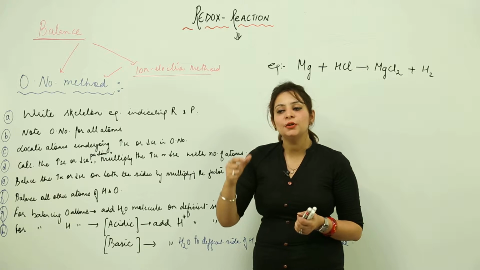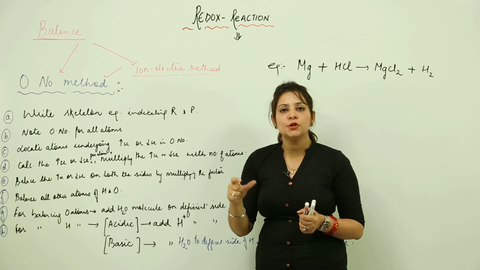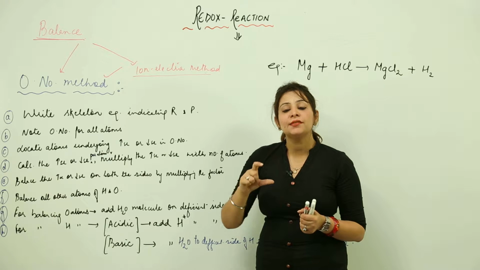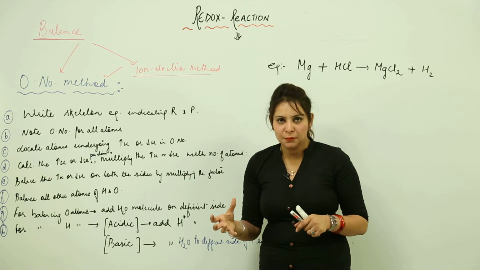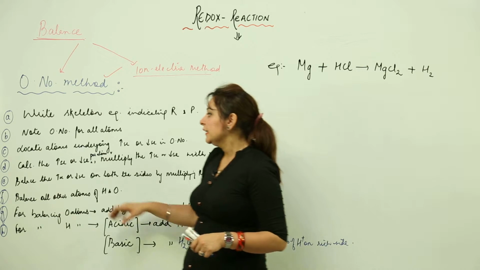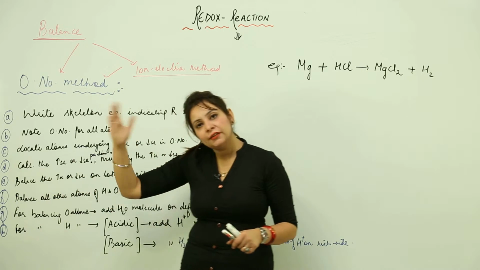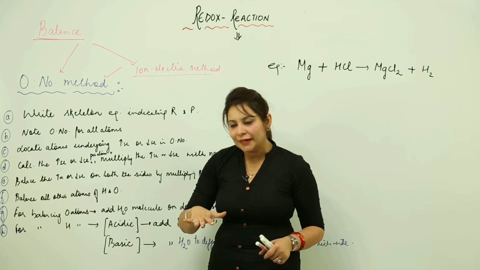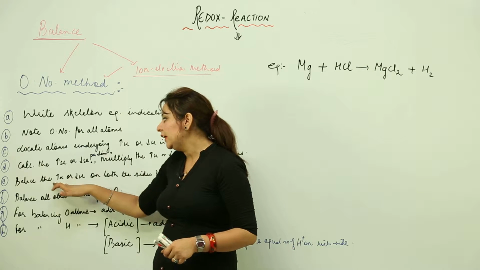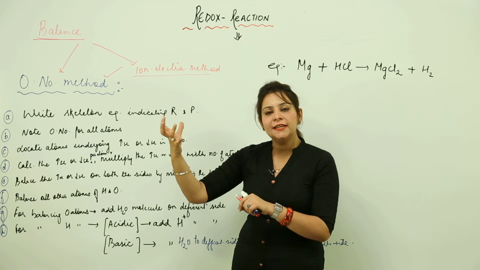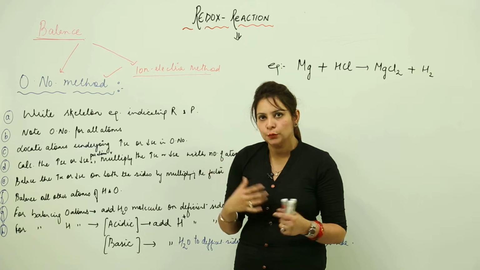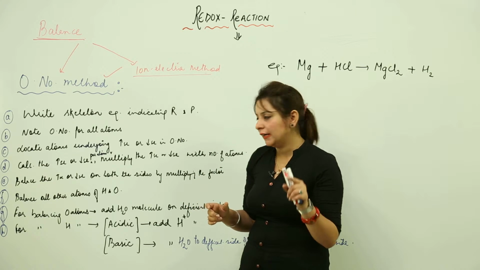So if there is more than one atom, you need to multiply the increase or decrease by that number of atoms. Now you have the increase also, you have the decrease also. So now you need to balance the total increase and the total decrease on both the sides by multiplying by a factor.